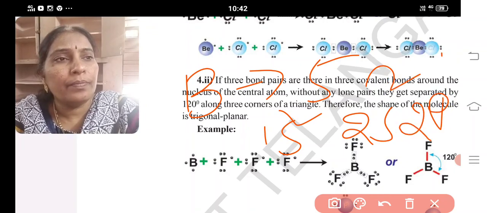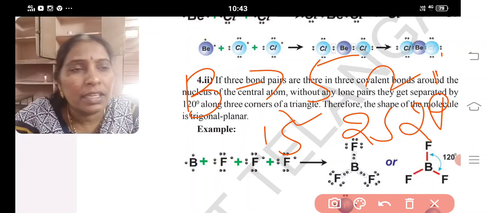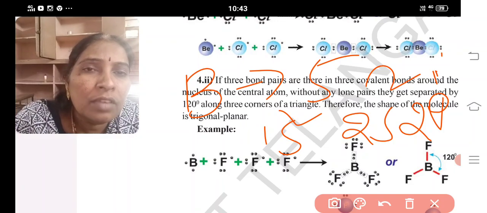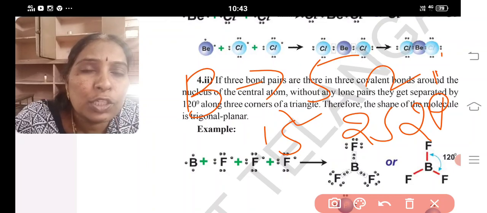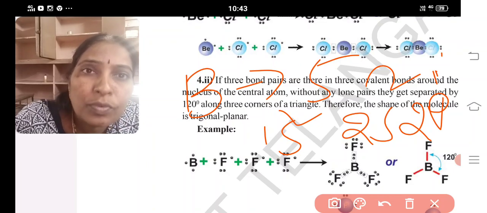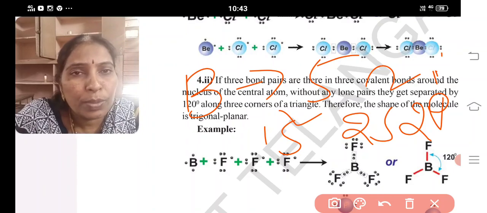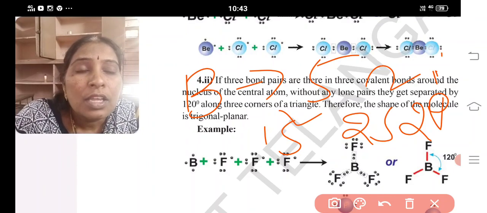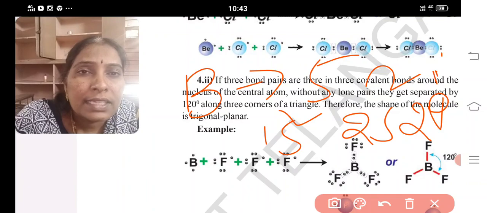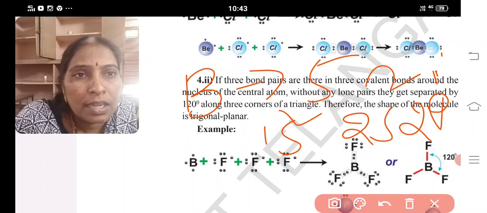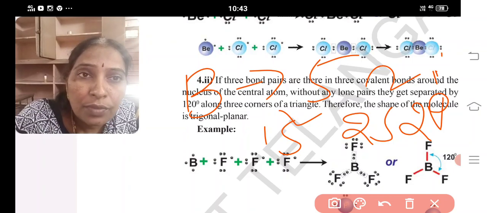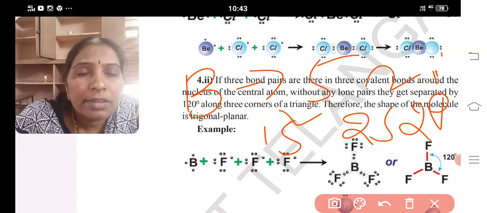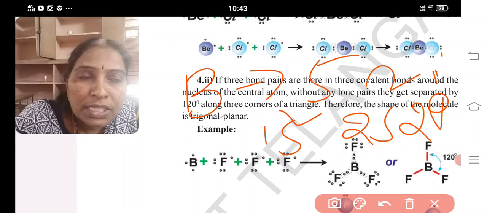How many electrons are there in the outermost shell? 3. Of that 3, 1 is unpaired and 2 are paired. So they are said to be a bonded pair, and the electron present in the p orbital is said to be an unpaired electron. As it has one unpaired electron, it is ready to combine with one electron only. But we see it combines with 3 fluorines and forms boron trifluoride. How is it possible?